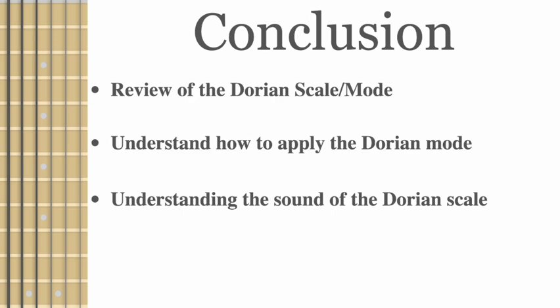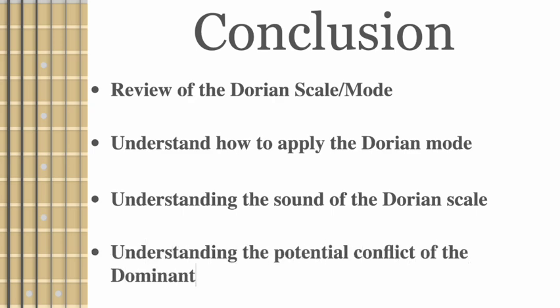And the sound is really to get your ear established to understanding some of the dissonant sounds, some of the uncomfortable sounds, and how we can make those sounds come back to something more comfortable, in this case A minor. And then understanding the potential conflict, right? How do we look at the circle of fifths in combination with our scales to understand where to be careful, where to explore, and how, even if we do explore, not to lose the listener's ear, and always be able to bring them back to our desired mode.